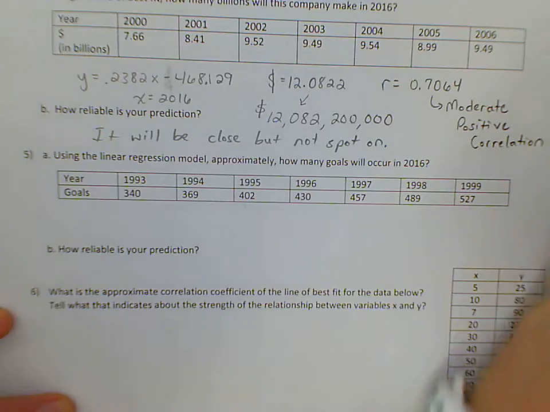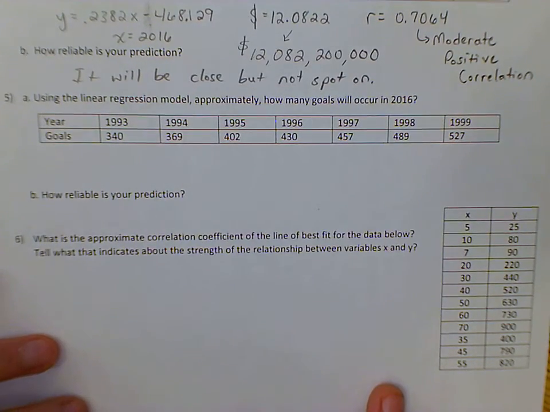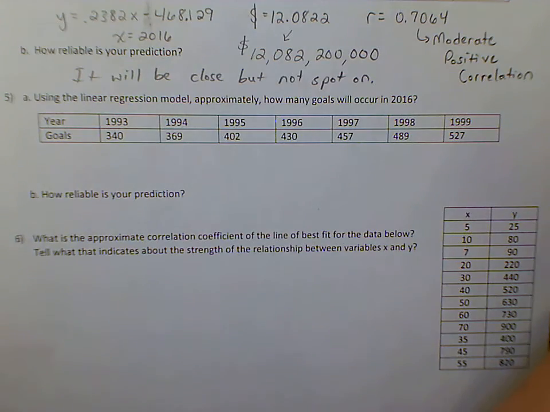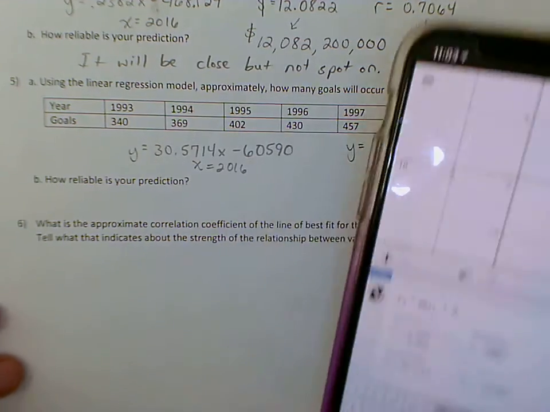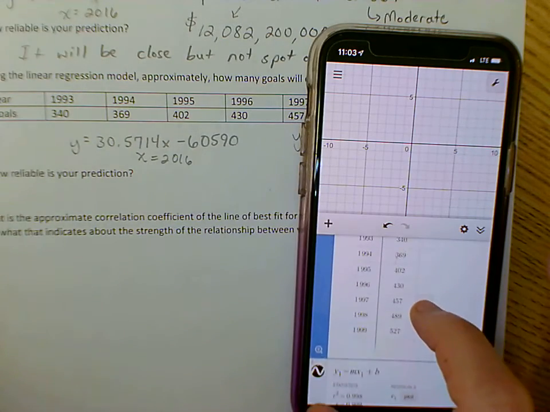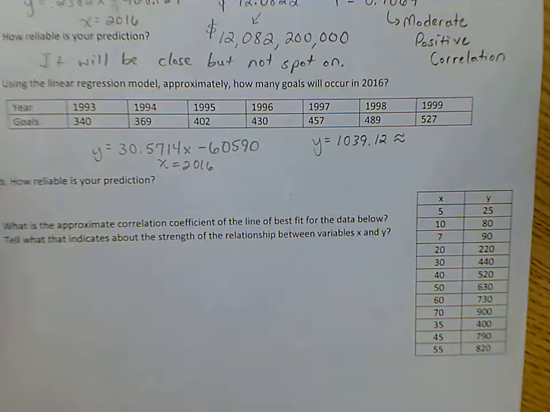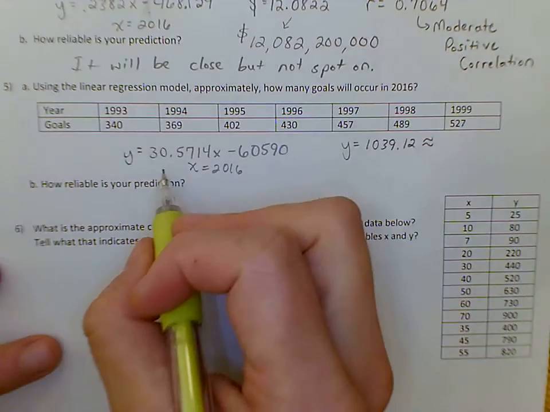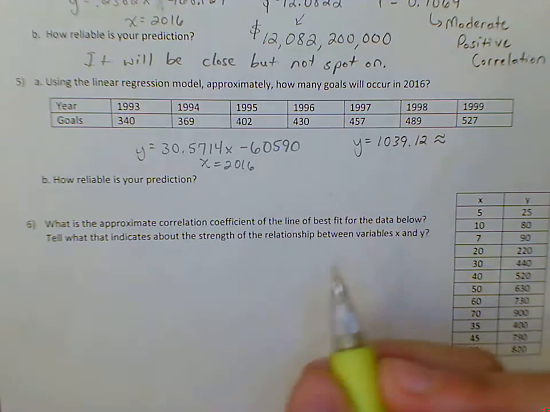All right, so I want you to take a second and actually figure this problem out. If you did this one, you would have typed in your table, then you would have got your equation, and your equation should have been y equals 30.5714x minus 60,590.